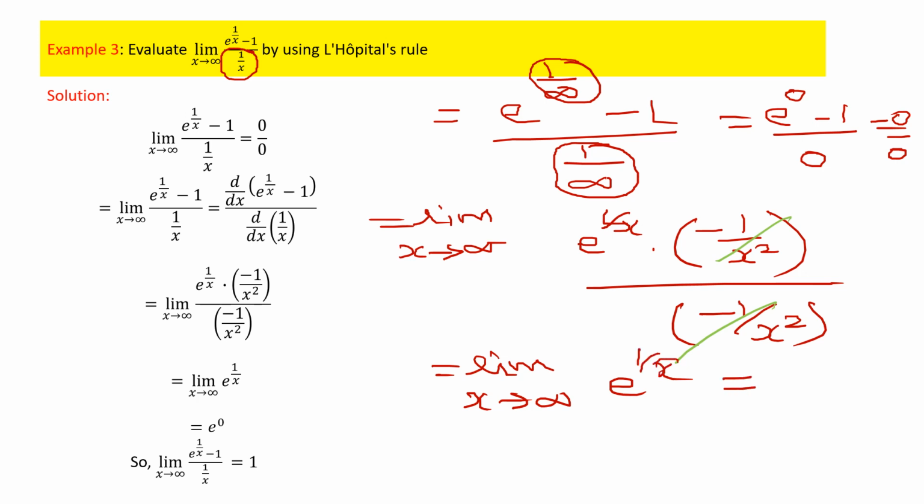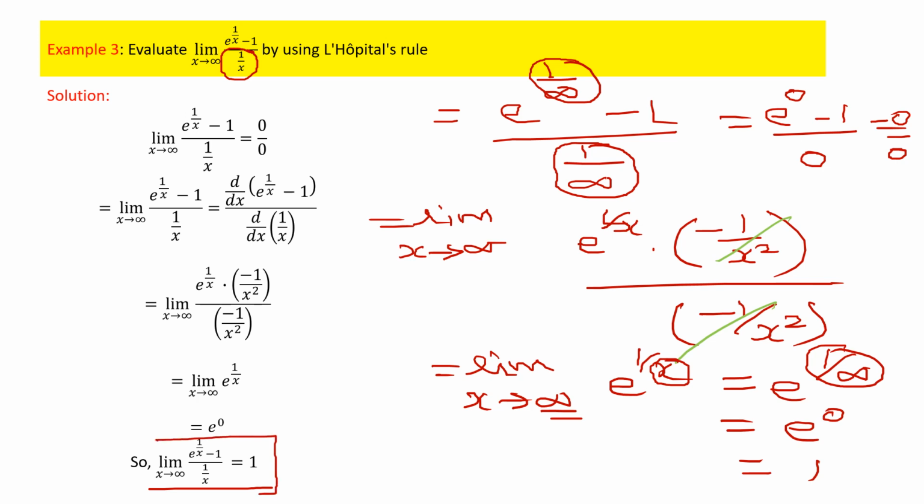Now let me replace x by the value infinity. We'll have e power 1 by infinity. 1 by infinity is 0, so we will have e to the power 0. What is e power 0? That is equal to 1. So the answer for this problem is 1.